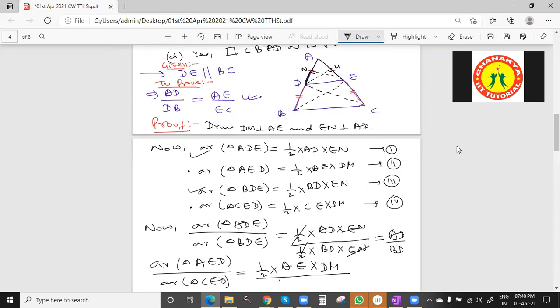And then here again half into CE as base, and the perpendicular will be DM. So this half cancels, DM cancels. So this will be AE by CE.